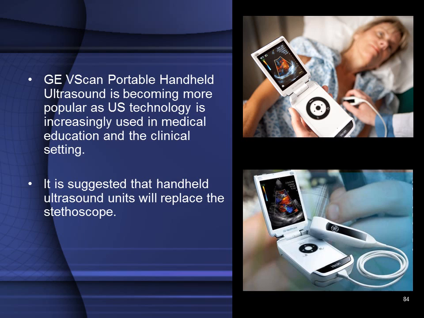Various ultrasound scans are preset or programmed in, and can also utilize Doppler scanning, cinema, freeze frame, images or full scans can be saved and later annotated. It is suggested that the handheld ultrasound device will eventually replace the stethoscope.